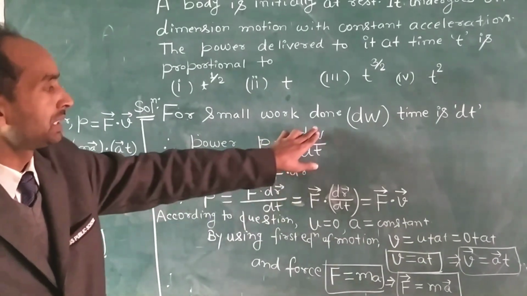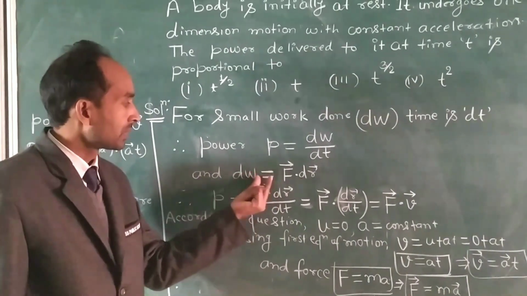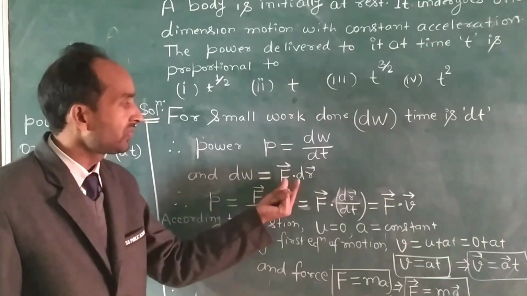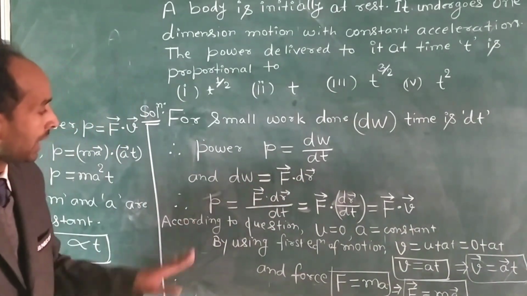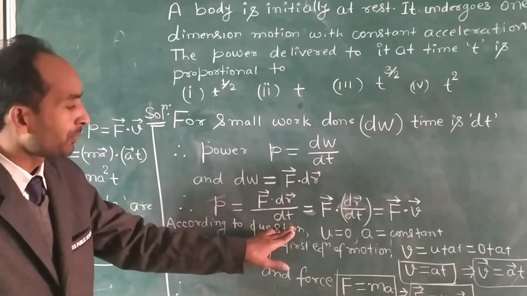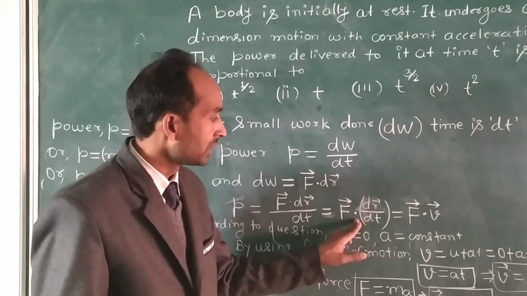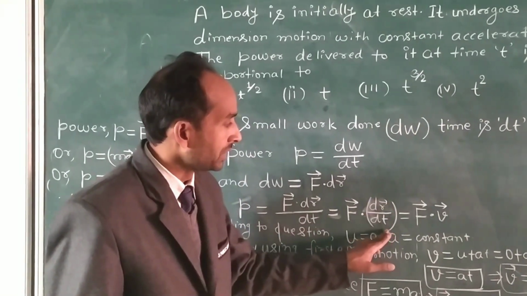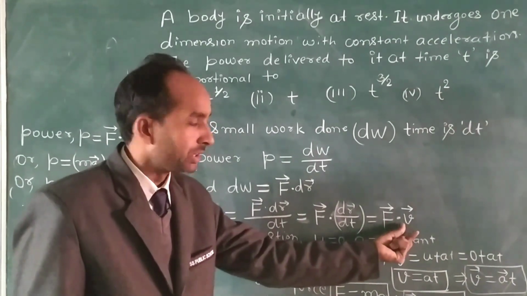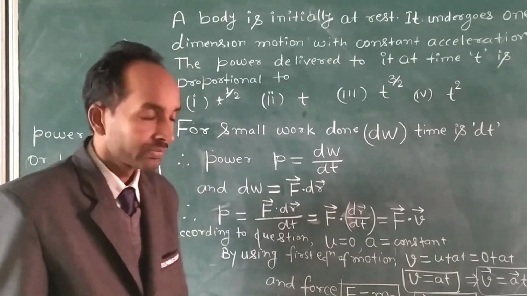So P is written as dW by dt, and dW, the work done, equals force into displacement, or F dot dr. Therefore P becomes F dot dr upon dt. We know that the rate of change of displacement is called velocity, so we can write P equal to F dot v vector.